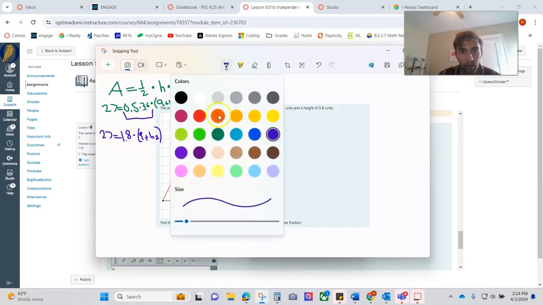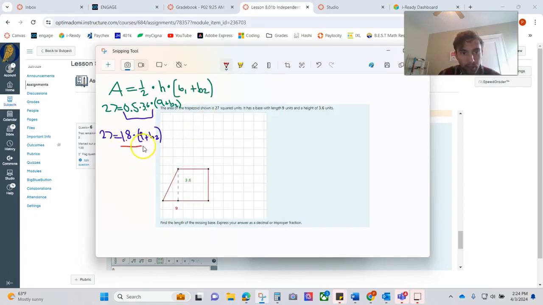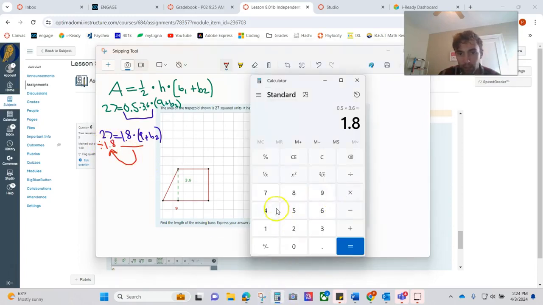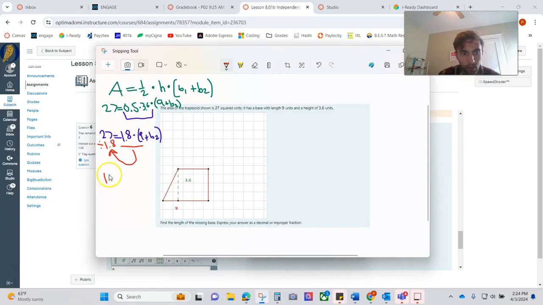Okay, now here we got our backwards math. Instead of timesing by 1.8, let's do the opposite operation to the opposite side and divide by 1.8. 27 divided by 1.8 is 15. 15 equals, now the parentheses can go away since there's nothing outside the parentheses anymore. 9 plus something is 15.